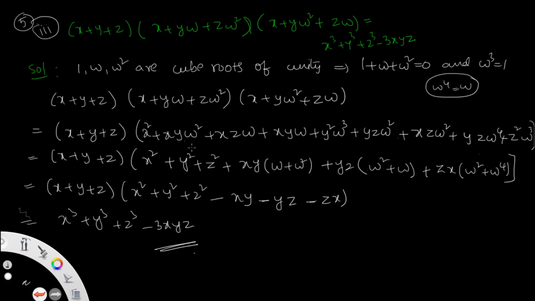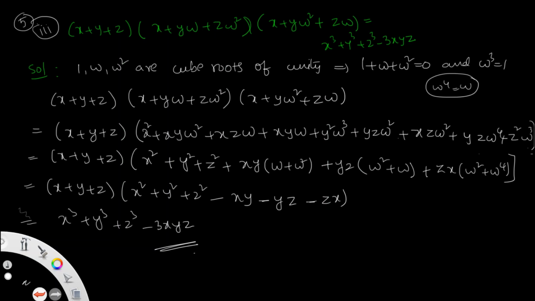What we have taken here: x plus y omega plus z omega square into x plus y omega square plus z omega. General multiplication: x square plus xy omega square, xz omega, xy omega, and y square omega cube plus yz omega square plus xz omega square plus yz omega power 4 plus z square omega cube, where x square is the same and y square also the same. The y square omega cube is nothing but 1, and z square is the last term.